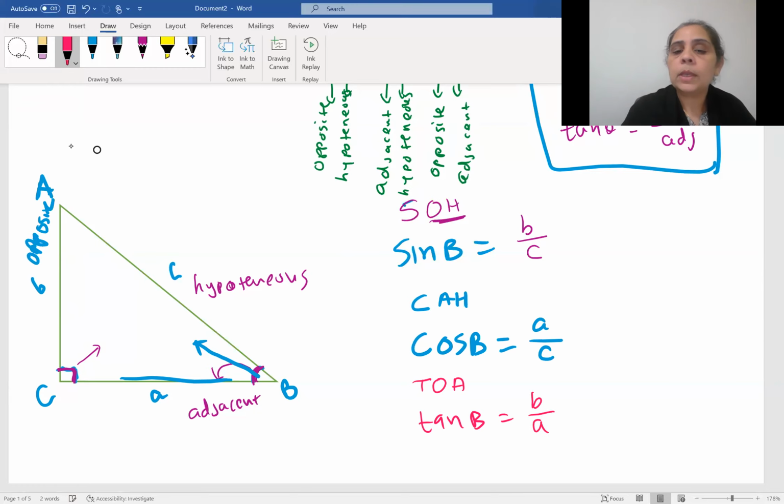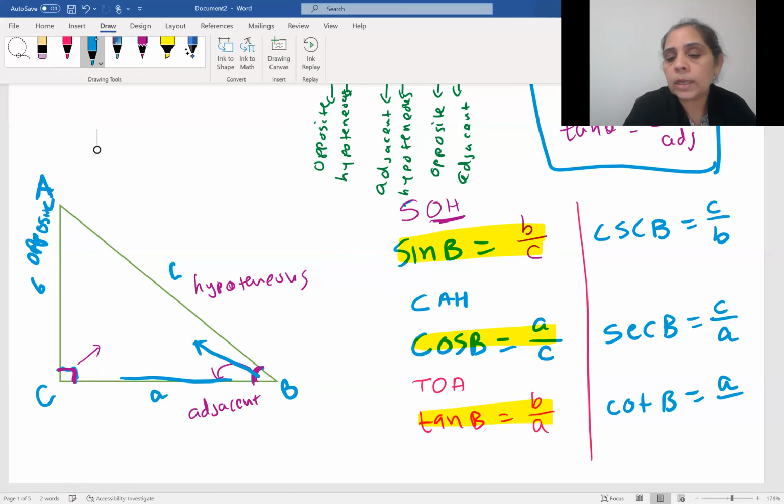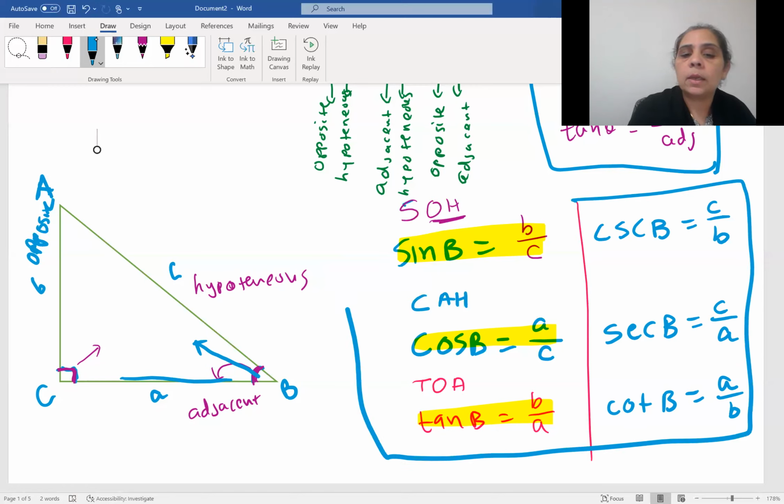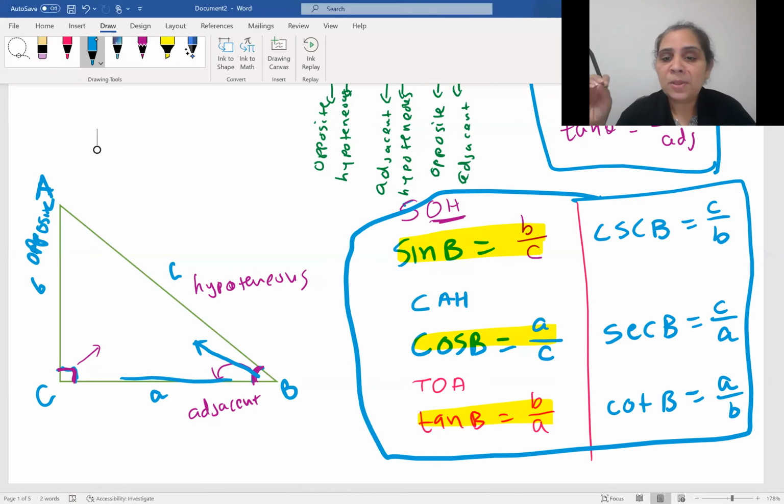Secant and cosine are reciprocals of each other, so secant B is c over a. And tangent and cotangent are reciprocals of each other, so cotangent B is the reciprocal of b over a, which is a over b. So we can find 6 functions from SOHCAHTOA. We will use this rule to find the third side of a right triangle.